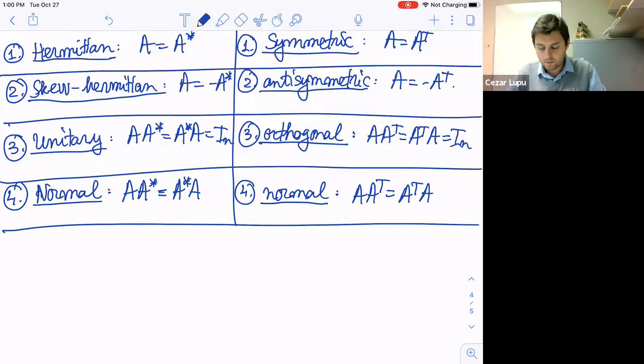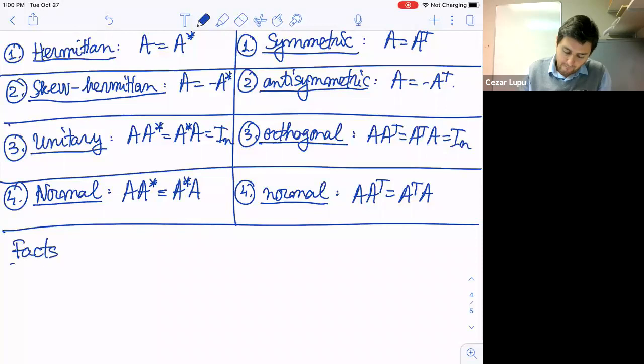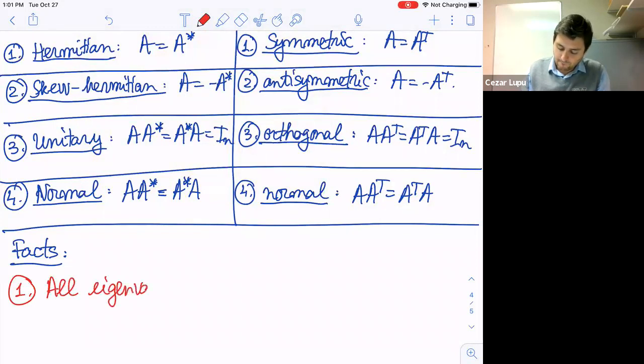All right, so these are the special types of matrices that you will see. Now let me just point out some facts here. In fact, let me write them with a different color. The first fact is that all eigenvalues, unfortunately, I'm not going to prove any of this.